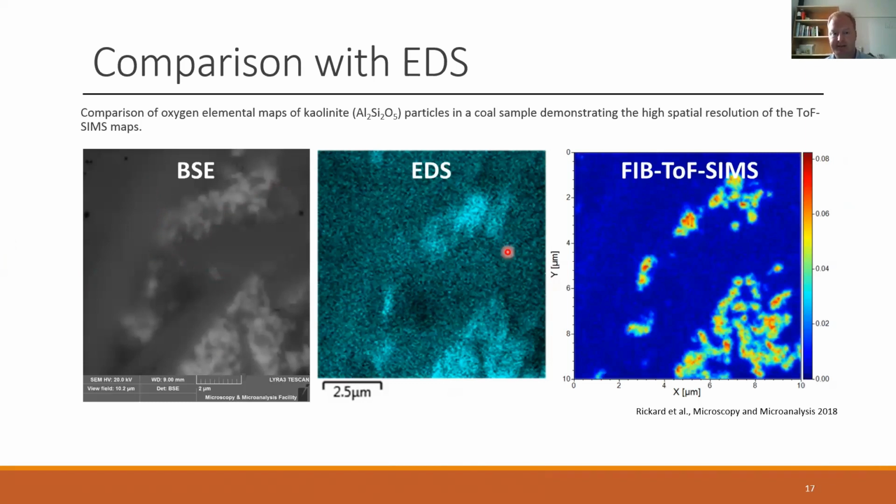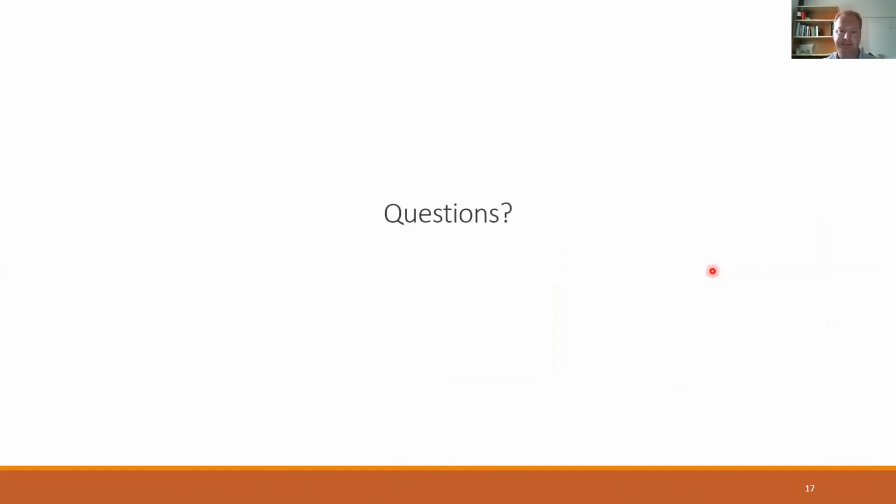When we do an EDS map, our spatial resolution is limited by the large interaction volume, or information volume, of X-rays, whereas ToF-SIMS is much less limited by that, and we can get a nice spatial resolution chemical map of, in this case, the oxygen distribution within this sample. Another neat thing to see is that because SIMS is only sampling the first, say, 10 nanometers of the surface, things that might have been seen by the electron imaging which were below the surface aren't visible in the ToF-SIMS until you sputter more of that material away to reveal it.